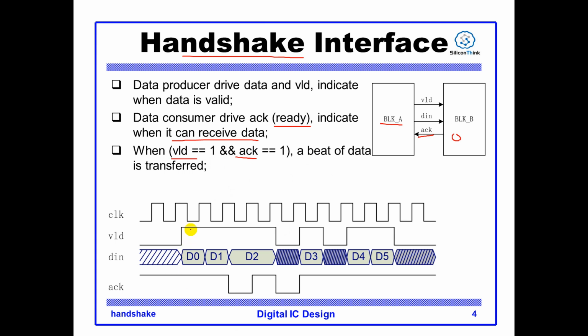So you can see from the waveform below, no data is transferred in this cycle because ACK is 0, and the data is transferred at this cycle.